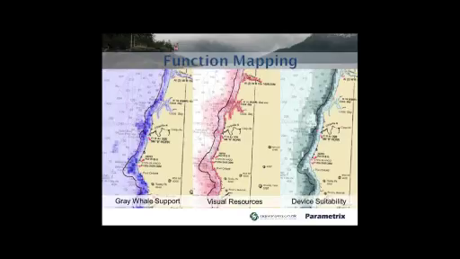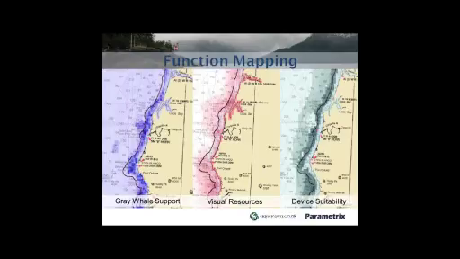In the middle is an example for visual resources, and this is showing areas off of the Oregon coast that are most visible from a number of different important resources, including just the high points along the coast, but as well as from community areas, protected areas, recreation areas, and then from beach-based surveys of where individuals use the coast.